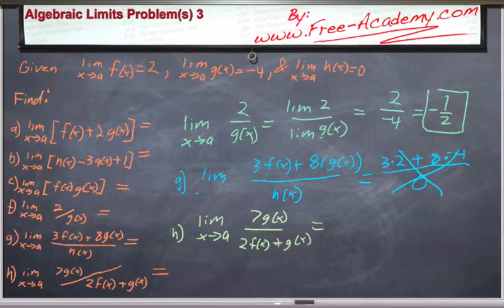Now in your head you can distribute out the limit as x approaches a, and you'll get 7 times the limit of g of x, which is equal to negative 4, divided by 2 times the limit as x goes to a of f of x, which is equal to 2, plus the limit of g of x, which is equal to negative 4. And once again on the denominator we're going to have positive 4, minus 4. We'll have 0 on the denominator. So this is once again undefined.